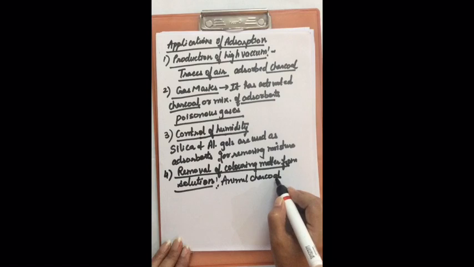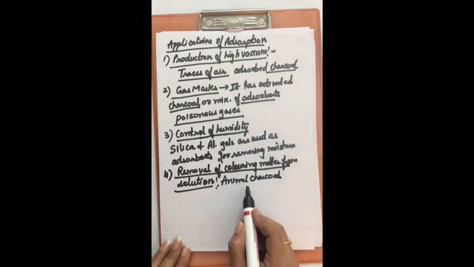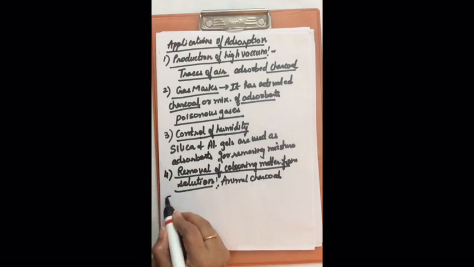This removes the color of the solution by adsorbing all the colored impurities in that solution. Like in the case of sugar, to purify sugar, the brown impurities are removed by adding animal charcoal. That animal charcoal will adsorb all these brown impurities and thus helps in purifying the sugar.